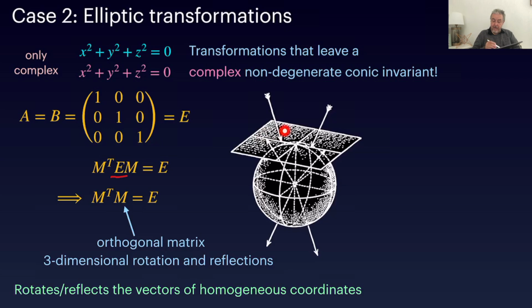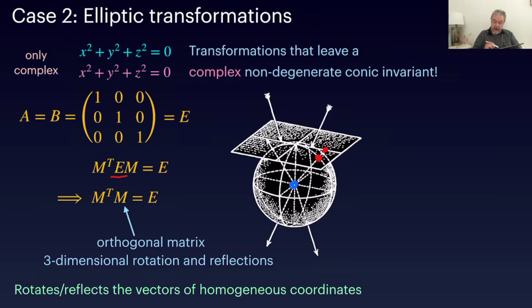So imagine you have our standard embedding and say here is the origin of our coordinate system. Whenever you have a point in this standard embedding, say the red point here, then we identified points up to scalar multiple.